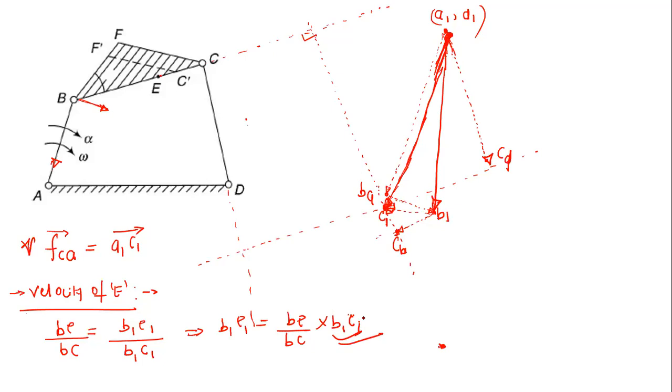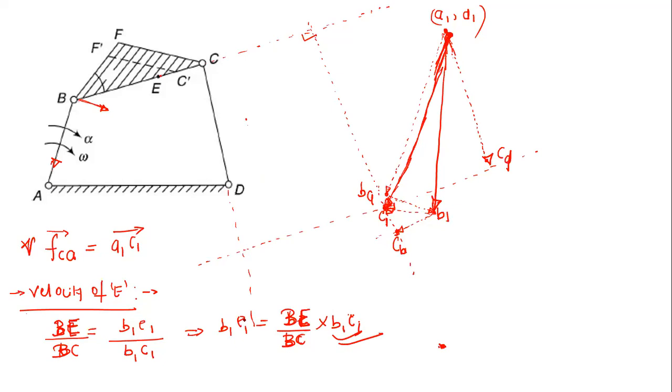So B1 C1 is completely known, and the lengths BE and BC are also known to us. So just put these in and calculate the magnitude of B1 E1.